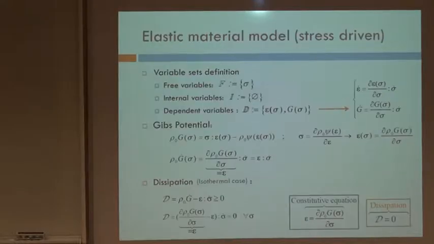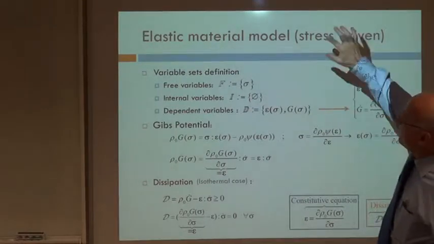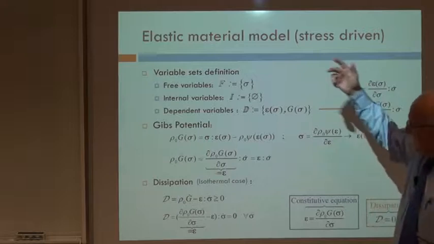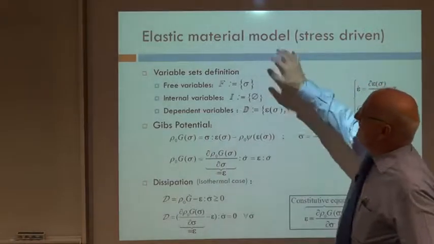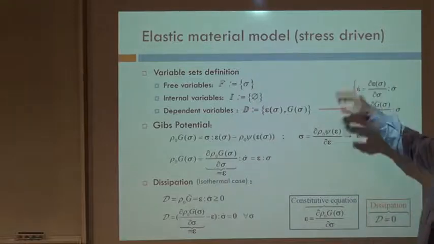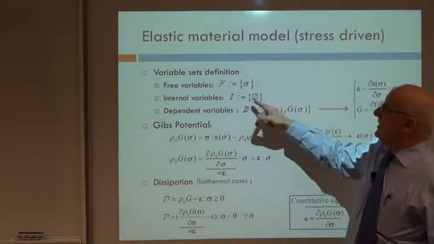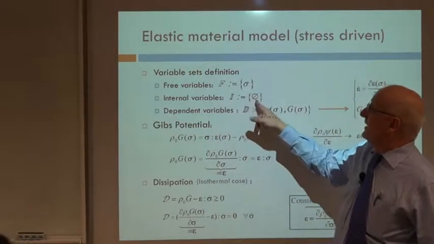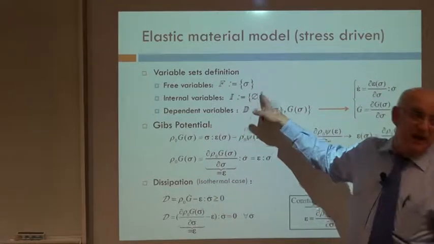So, now let's go to an elastic material. Before I came here, it was a mistake. An elastic material defined in terms of the stresses, so stress driven. We define an elastic material where the internal variables are an empty set.